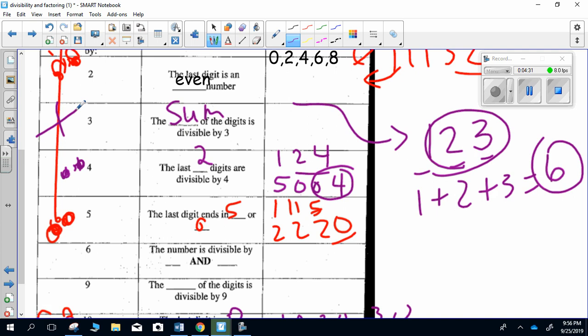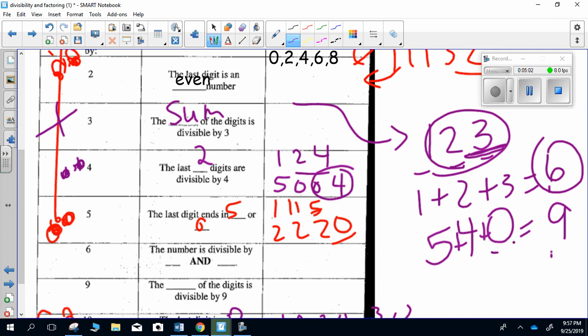You need to be really careful, though, that you recognize that this number is not divisible by 2, because it does not end with an even number. It is divisible by 3 because the digits add up to 6, which is divisible by 3. So be really careful with that. If I had the number 540 instead, 5 plus 4 plus 0 is 9. 9 is divisible by 3, so 540 is divisible by 3.